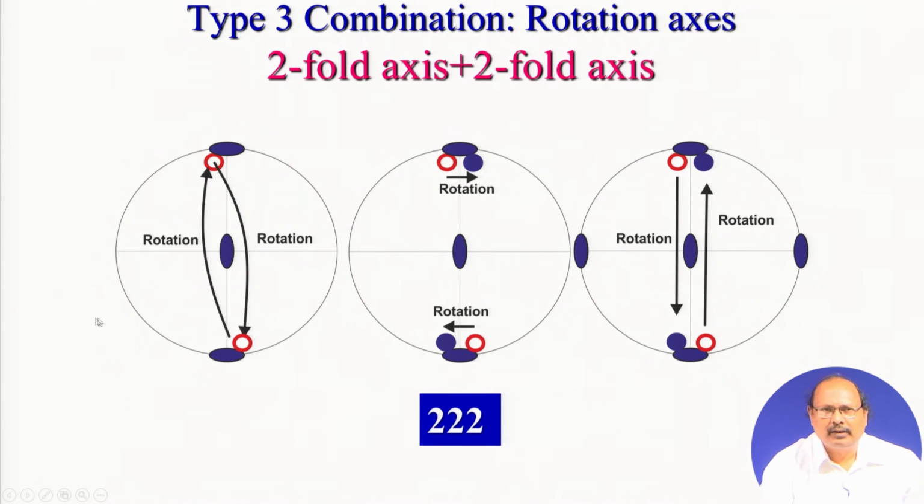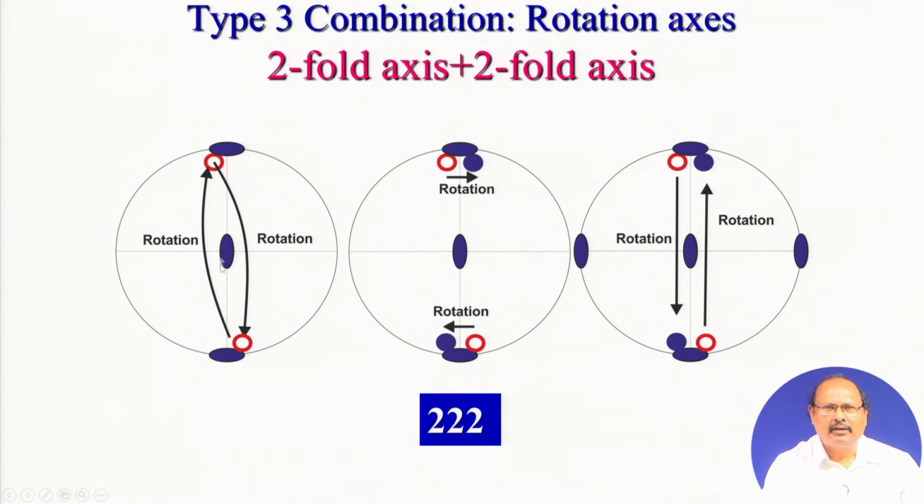So, let us start with this first operation here. This is the rotation, the two-fold axis rotation. This is a vertical two-fold axis, and let us consider this line is the trace of a horizontal two-fold axis. You have this open circle here, which is rotated 180 degrees with respect to the vertical two-fold axis, and then it comes here.